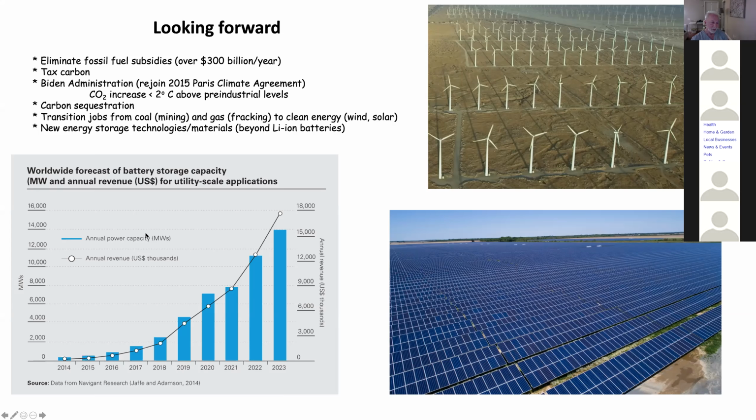This is a graph of battery storage capacity. It's increasing, but the increase is not due to improved technology so much as it is just more of them. We're making more and more and more batteries.